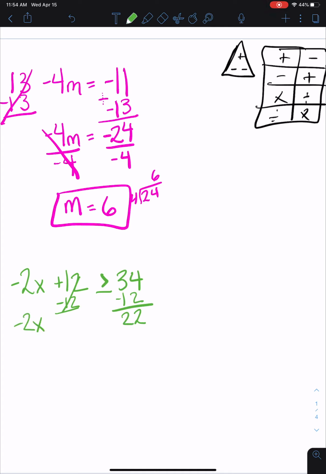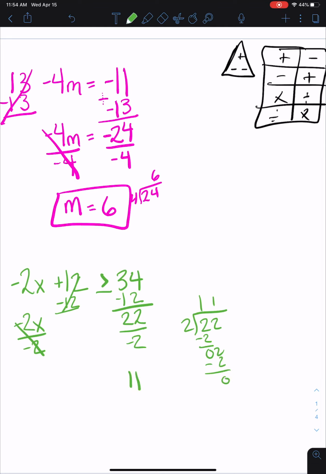The inverse of multiply is divide. 22 divided by 2 is going to give me 11.